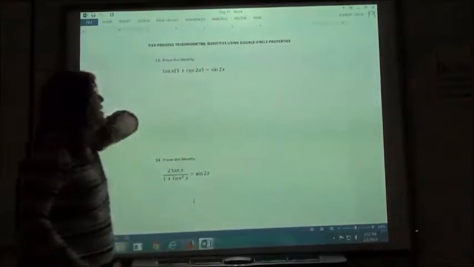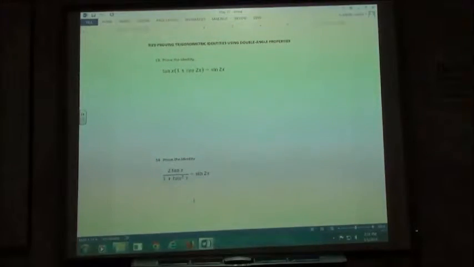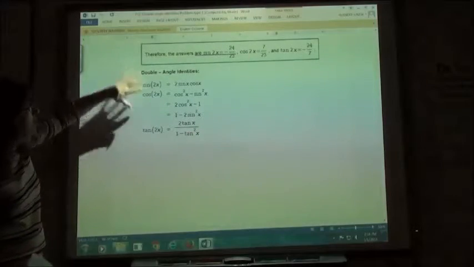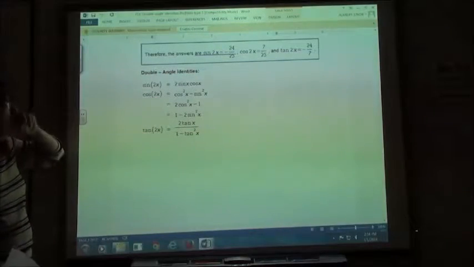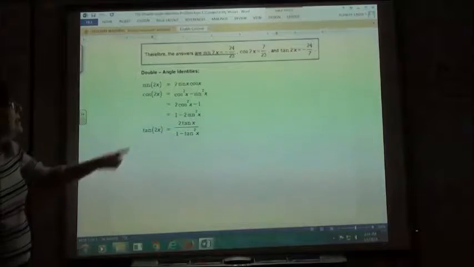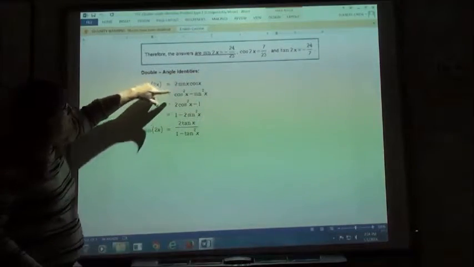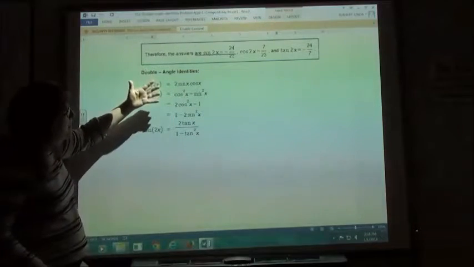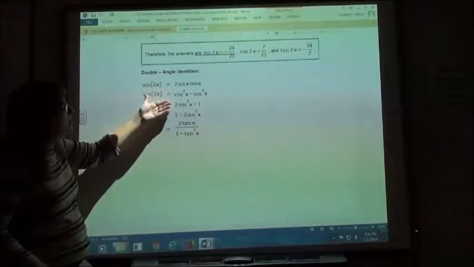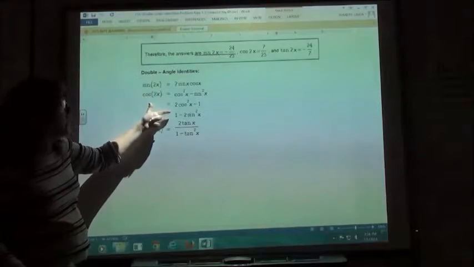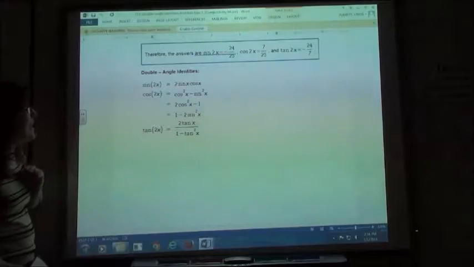All right, 13, 14, 15, back to proving trigonometric identities. They're adding in the double angle properties. So, a couple sets of notes you're going to want to have. First of all, your double angle identities. Sine of 2x is 2 sine of x cosine of x. For cosine, remember we had 3 different ones depending on the problem, and if we want it in terms of cosine or sine, maybe a different one would be better to use than another, and then of course the tangent one.